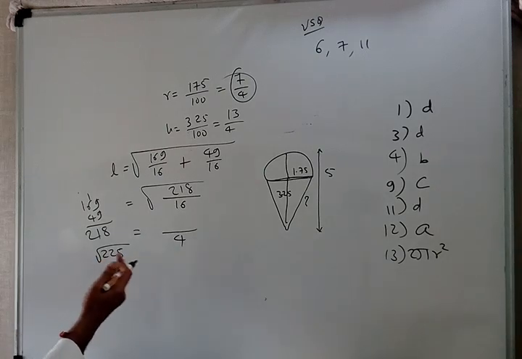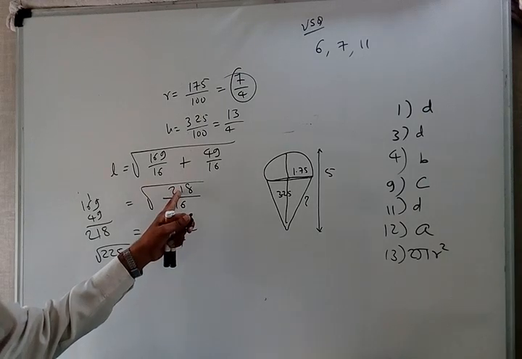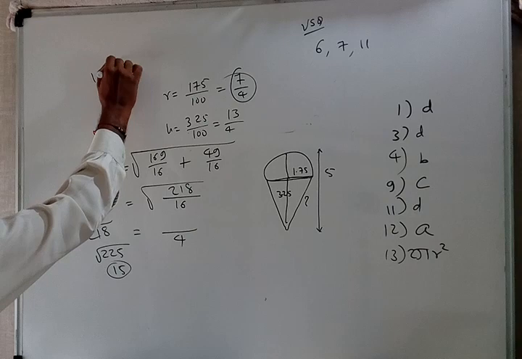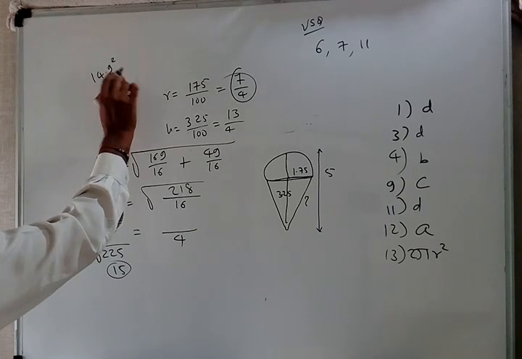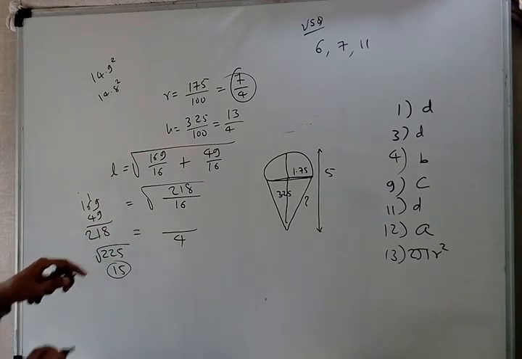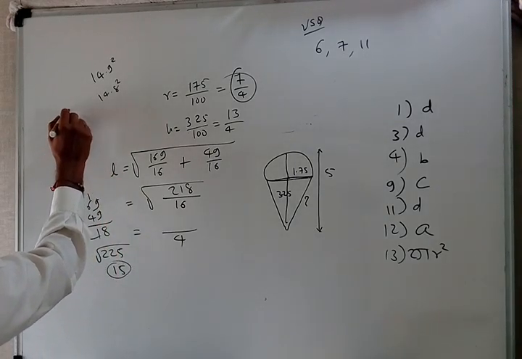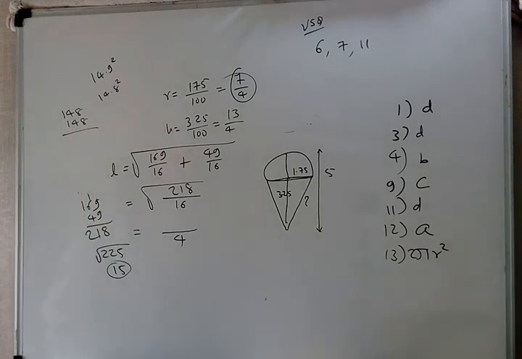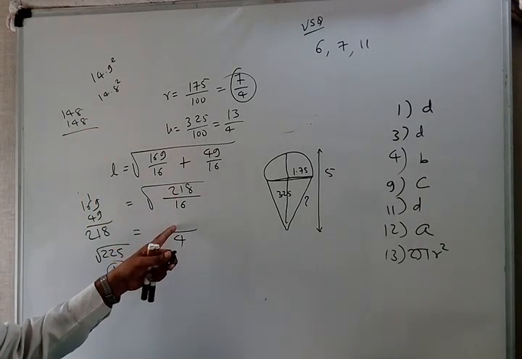It is slightly less than 15, so by trial and error you have to find it. You try 14.9 square, 14.8 square, likewise, and go nearest to that one. Suppose I directly try for 14.8.